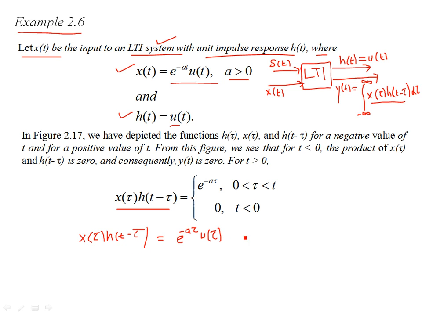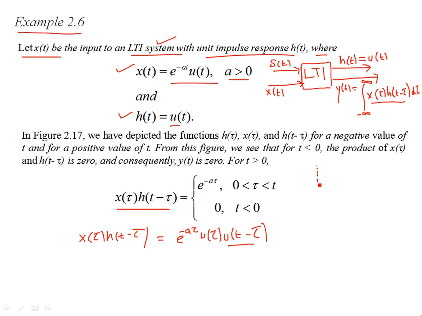Then h(t minus tau) will be u(t minus tau). Graphically, it will have a depiction of something like this.